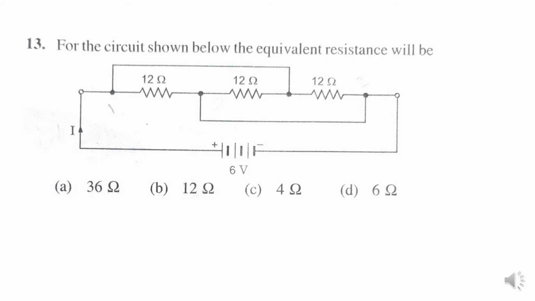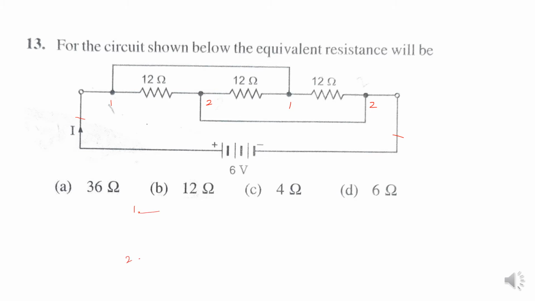Next, for the circuit shown below, the equivalent resistance will be. Here, no need to bother about this portion. So I am going to find out the equivalent resistance. For finding the equivalent resistance, what I have to do? I have to mark the terminals. Terminal 1, the same one is connected here, and here 2, the same 2 is connected here. So I am going to mark 1 here and 2 here.